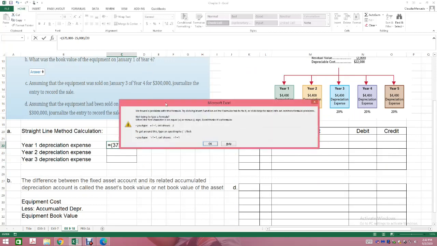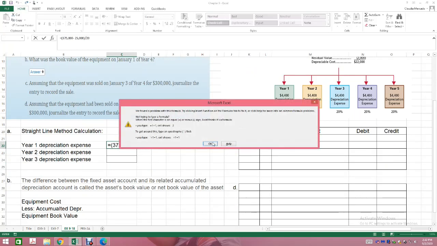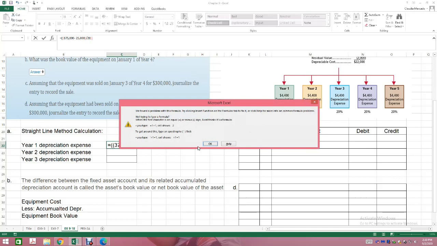Okay. Oh, shoot. Doesn't want to get the formula. Let me see. We found a problem.